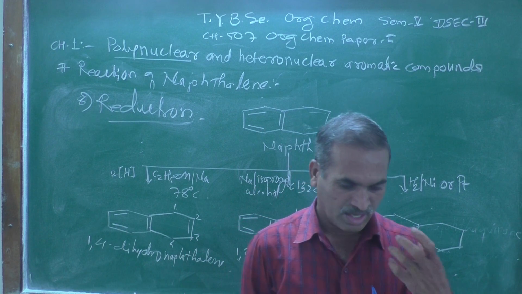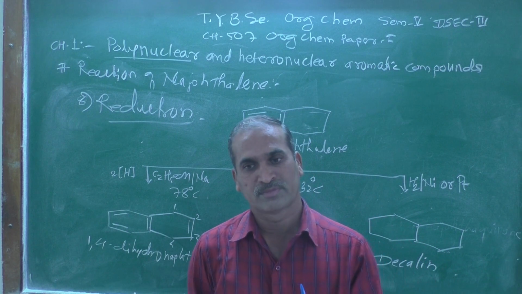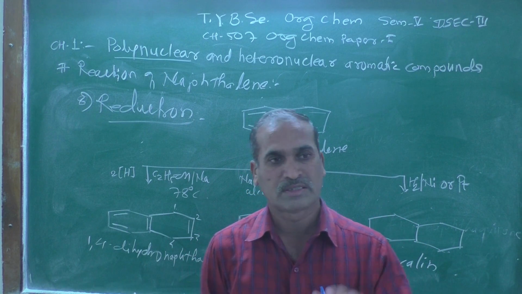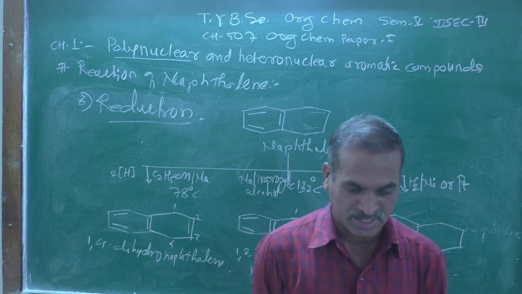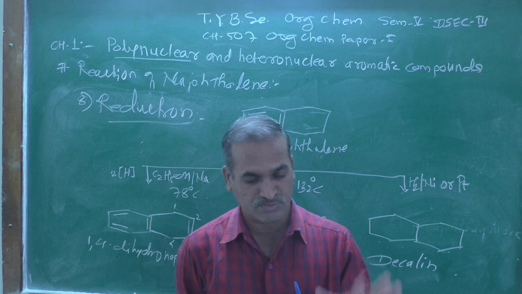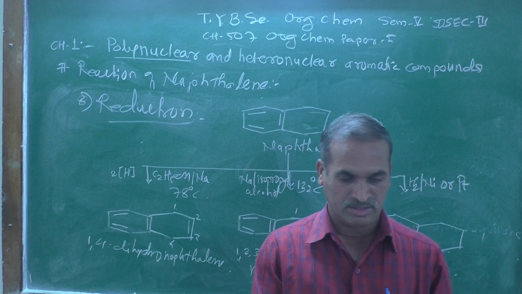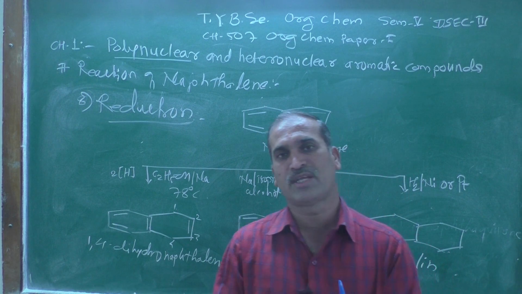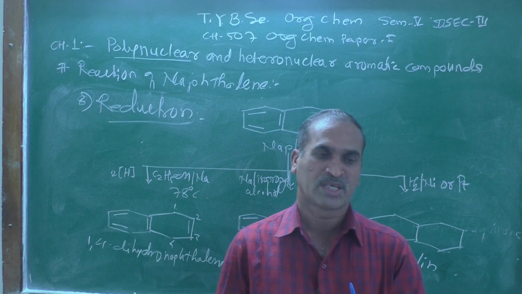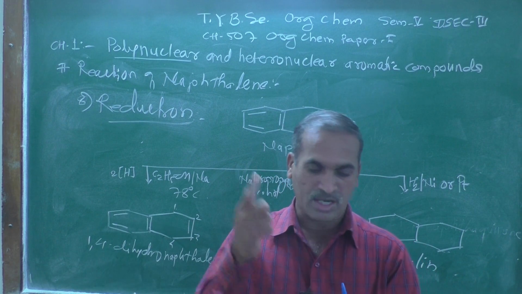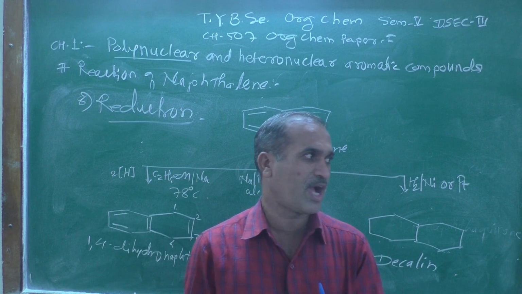that I think we will discuss in our next lectures. So today we have just seen the reactions of naphthalene, whatever reactions we have seen up till now from 1 to 8, all are examples of electrophilic substitution reaction.